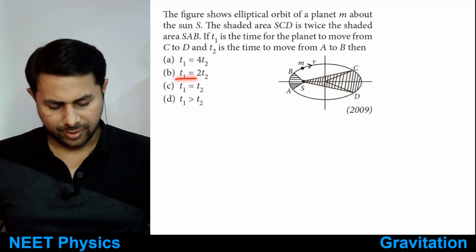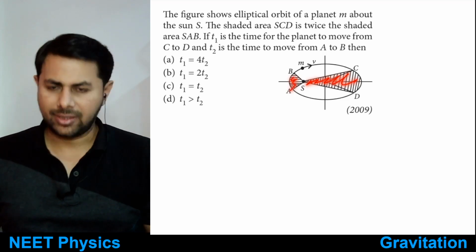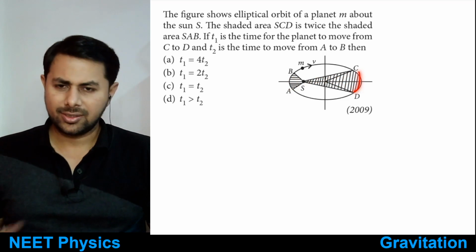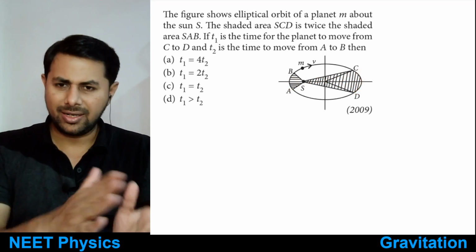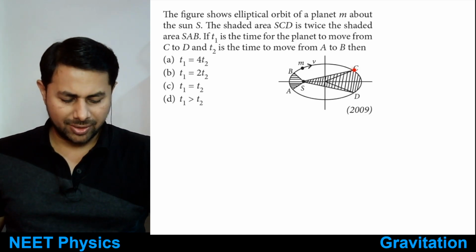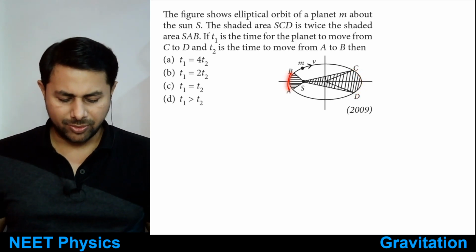So option B, right. This area is twice compared to that area. Since the planet covers equal areas in equal intervals of time, if the area is double, that means the time taken is also double. So the time taken to move from C to D must be double that of the time taken to move from A to B.